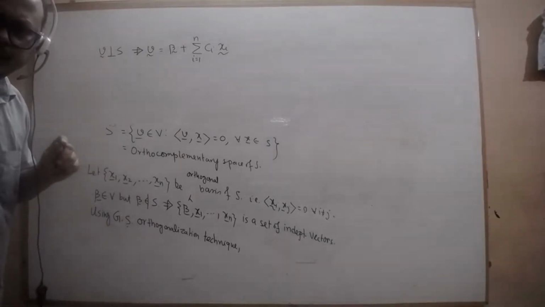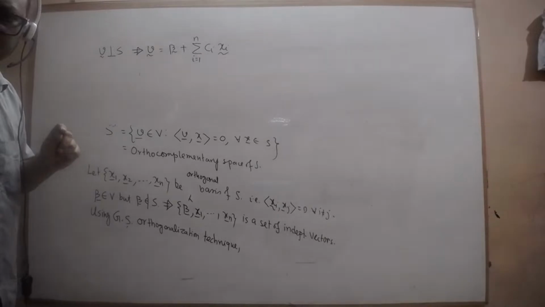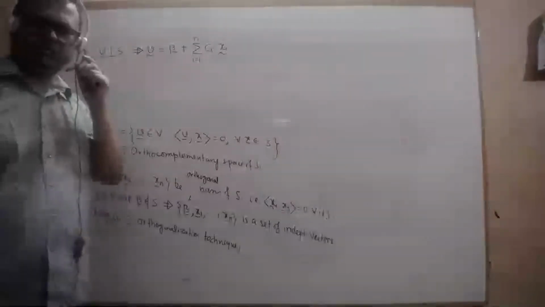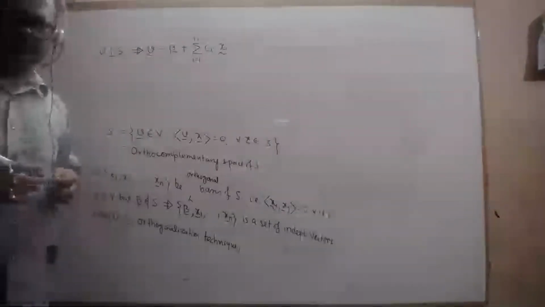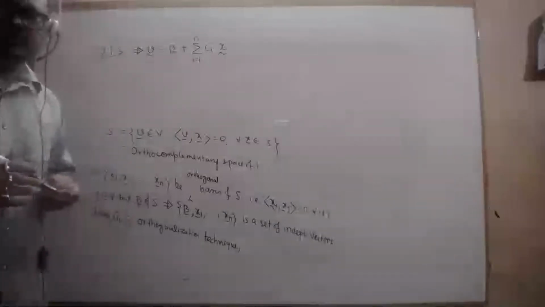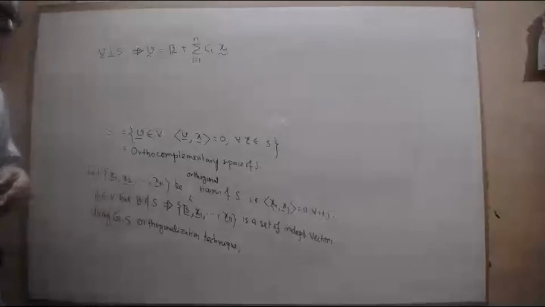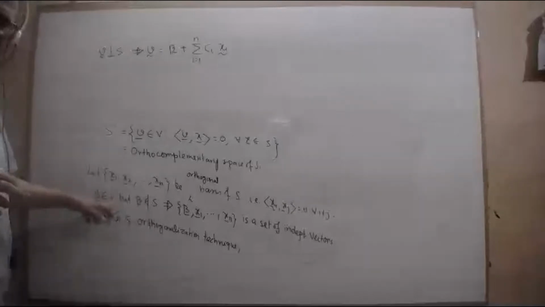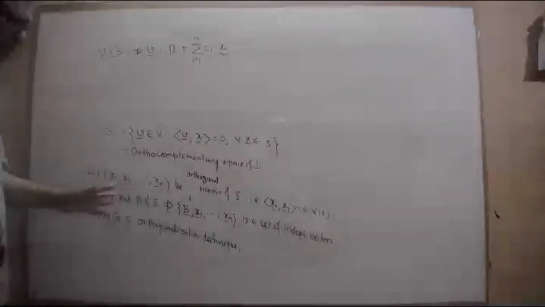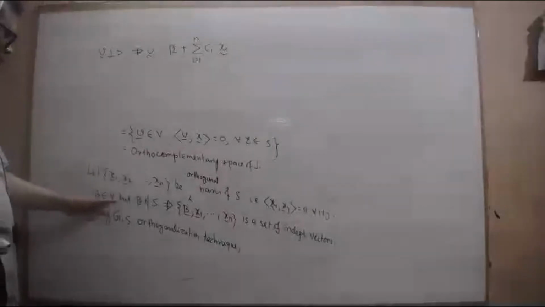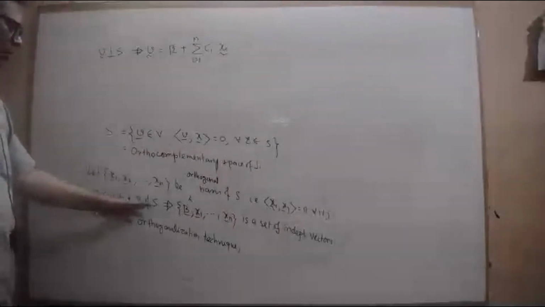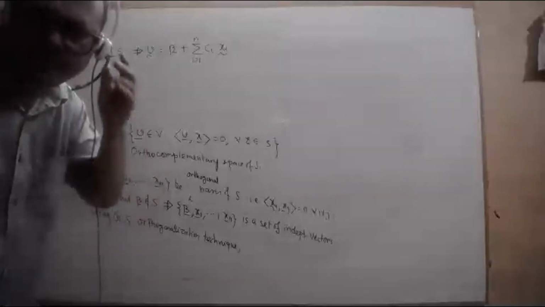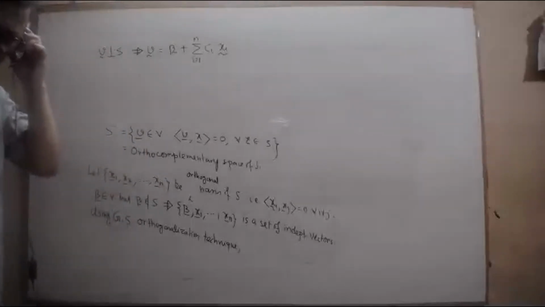See, since S is a subspace of V, it is always possible to get a vector beta which does not belong to S but belongs to V. Yes, Shubhajit, you are right.